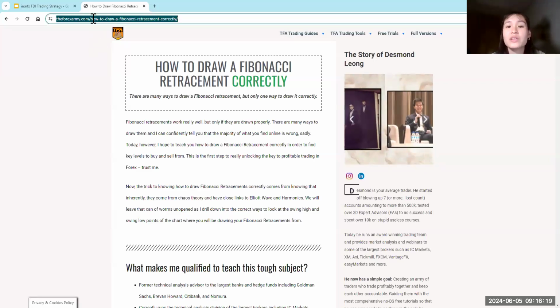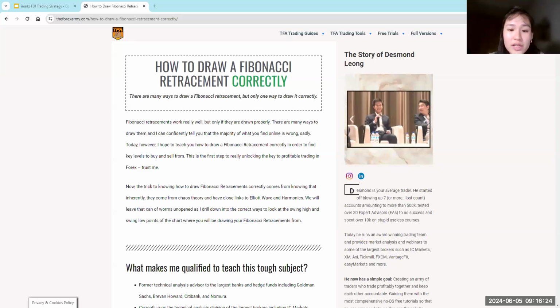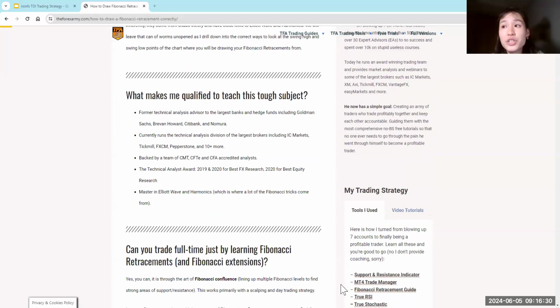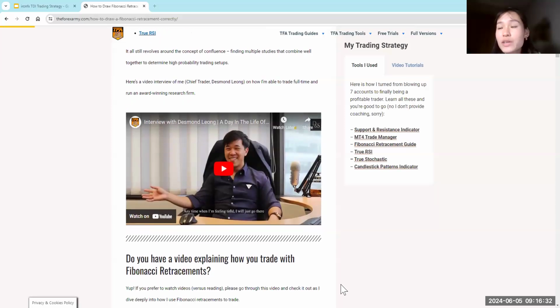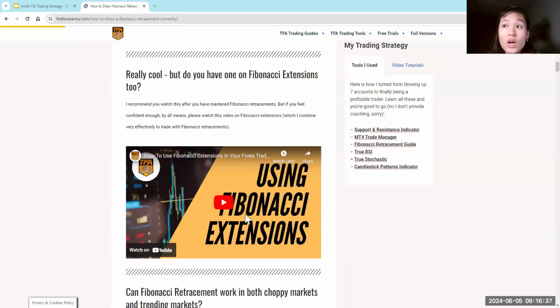I'll just pop this website into the chat as well. Basically, this is a website that gives you a pretty in-depth guideline on what to look out for when you're using Fibonacci retracement, how to use it, which levels to use. There are also a bunch of YouTube videos that you can watch as well.